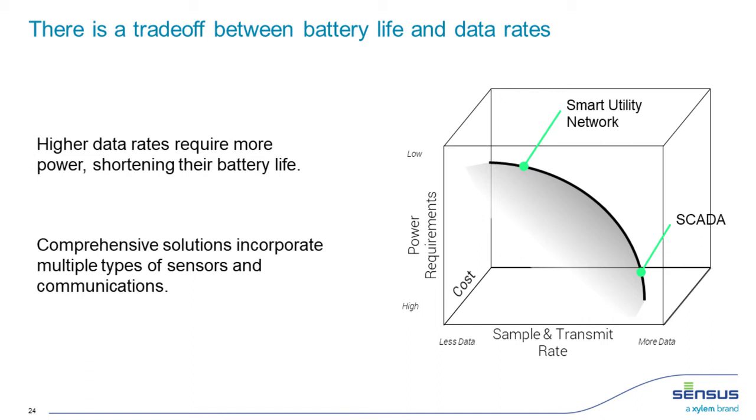There's a trade-off between the type of sensing you're doing, the data transmission rates, and in most cases, battery life. A lot of these things are becoming more and more feasible to do out in the distribution system because of the battery technology that has advanced to facilitate smart meters and AMI reading.